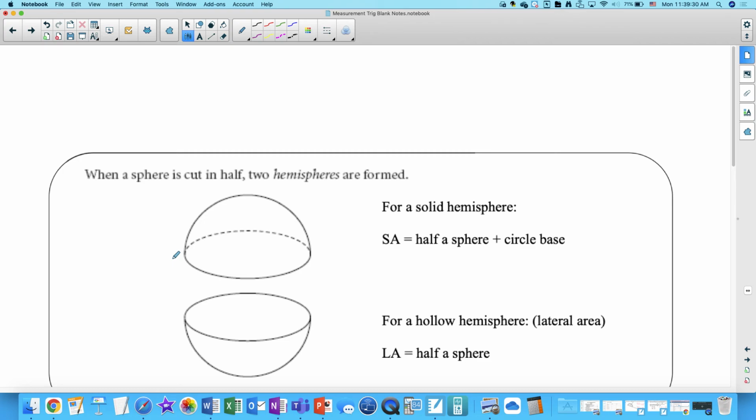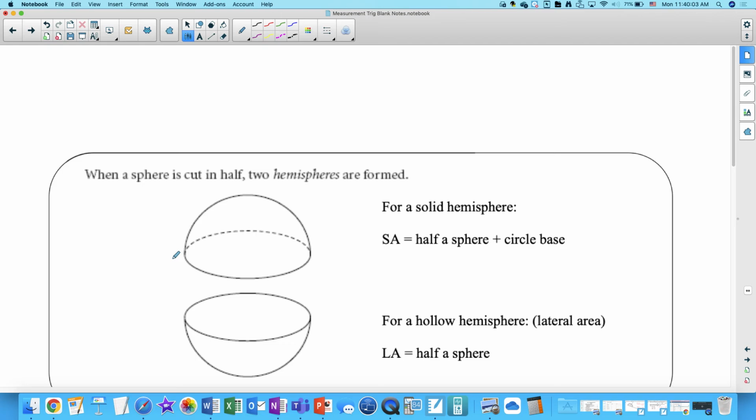Now, a question I often get about the hollow hemisphere is, do you count the area of the outside and the inside? It's a good question, and it often causes some ambiguity because in certain circumstances, I can see why you'd want to count the inside as well. If you make a hemispherical bowl out of pottery, let's say, and you're glazing it, you would want to glaze the inside and the outside, right?